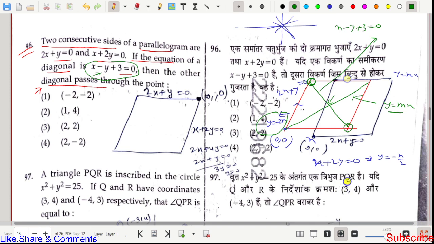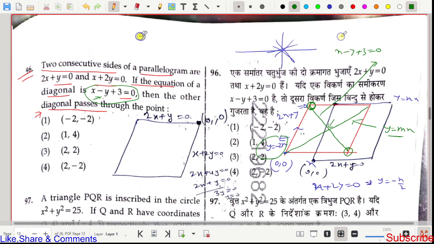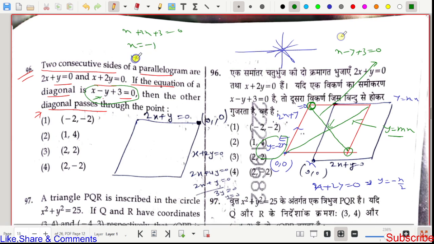So just solving here, just wait, I'm solving here. This is x minus y, the value of y is minus 2x, so it will be plus 2x plus 3 equals to 0. So from here we are getting x equals to minus 1. So obviously y will be minus 2x, that means 2. So this point will be minus 1 comma 2.